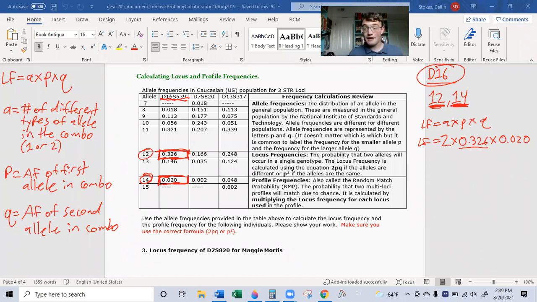So then to find the locus frequency, all you have to do is pull out your calculator.